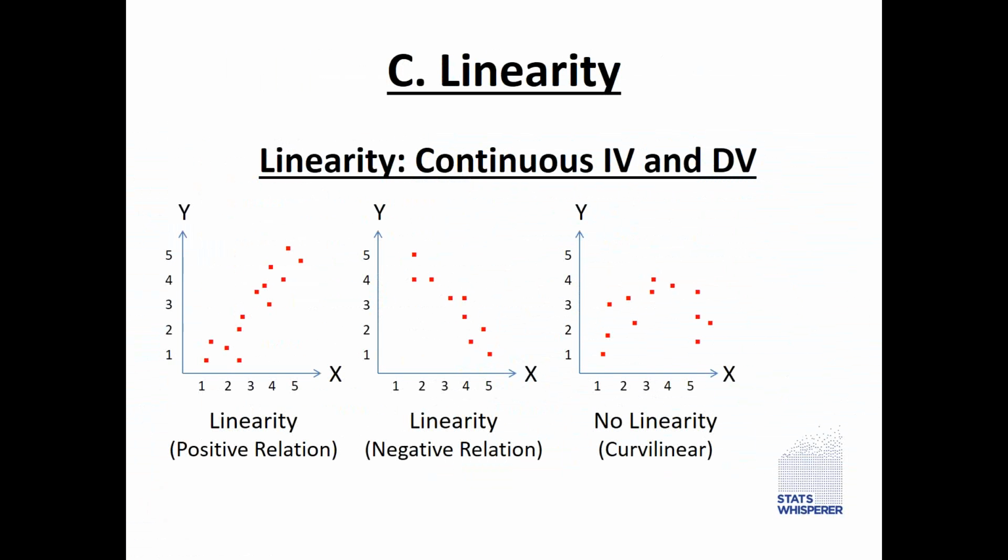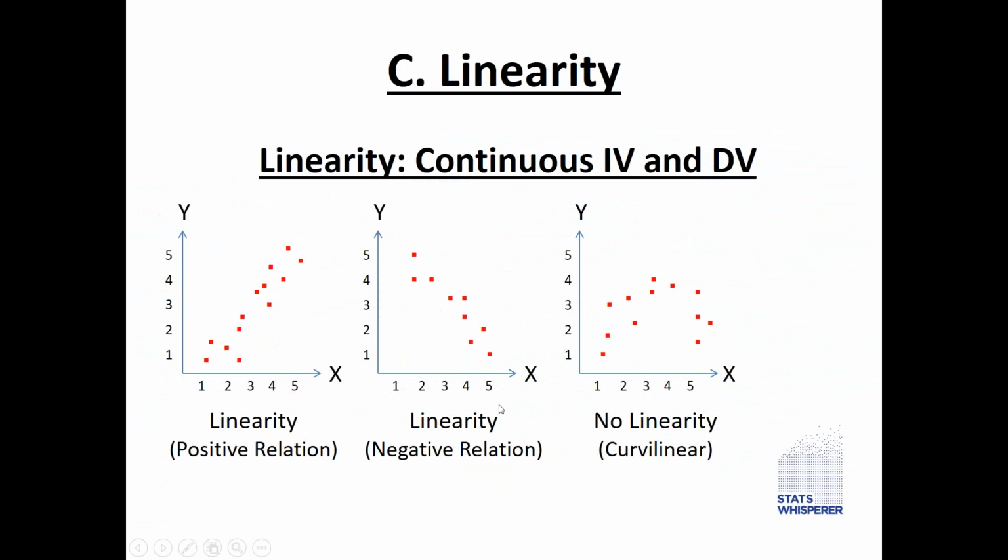So this may look familiar to you. So this is linearity. The first is a positive linear relationship. So you can see as the scores increase on the x-axis, 1, 2, 3, 4, 5, right? They meet on the y-axis, 1, 2, 3, 4, 5. So 3 meets 3, 4 meets 4, 5 meets 5.